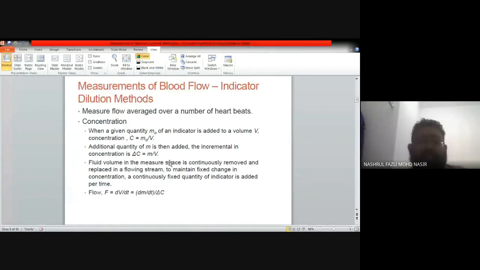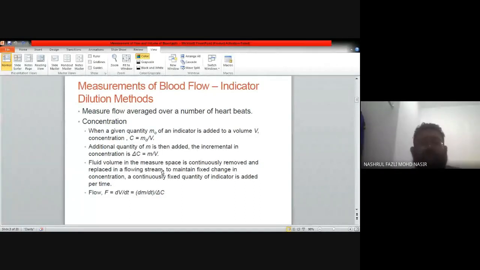So if you add this quantity of the indicator, there must be a difference of concentration. So I hope we go to basics again. We use this symbol to depict the difference of the concentration, because there's now an increment, penambahan, an addition, more concentration there.